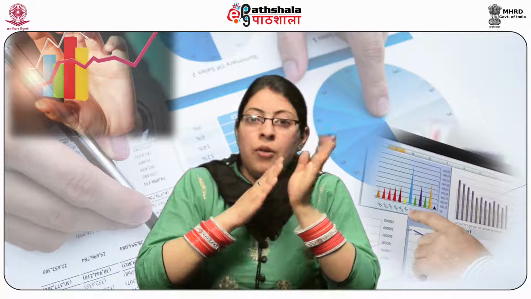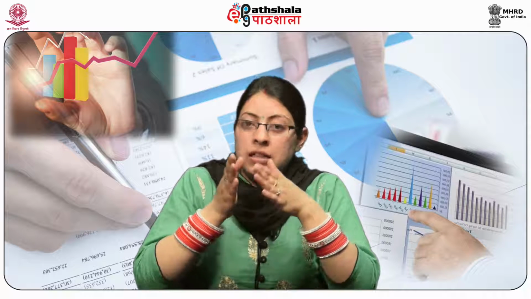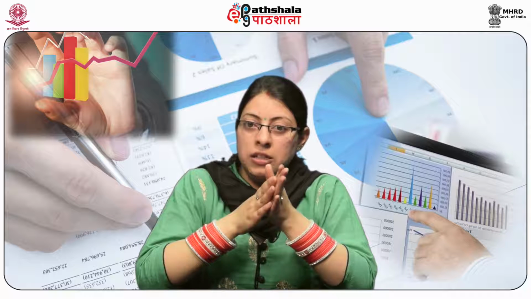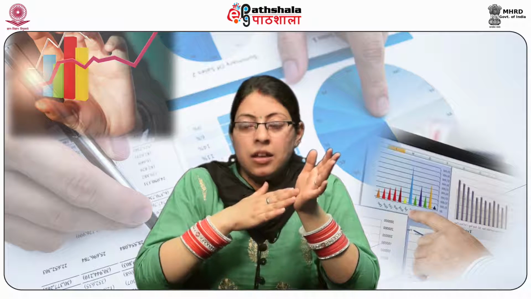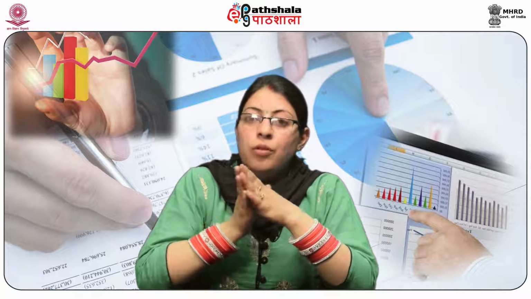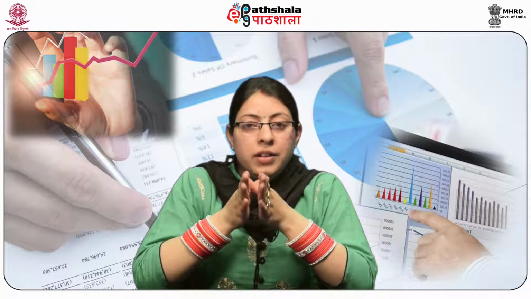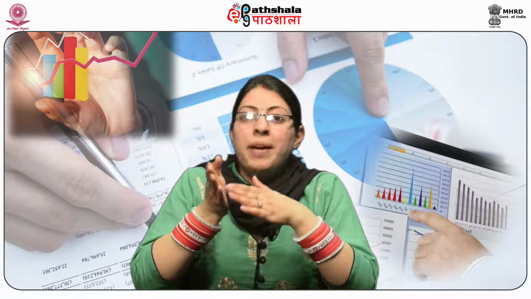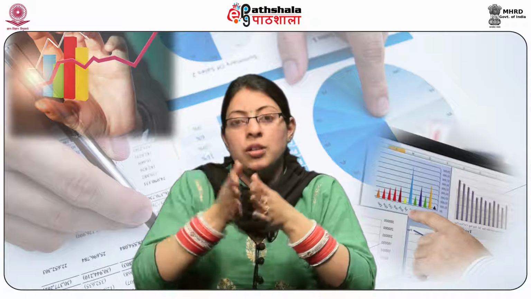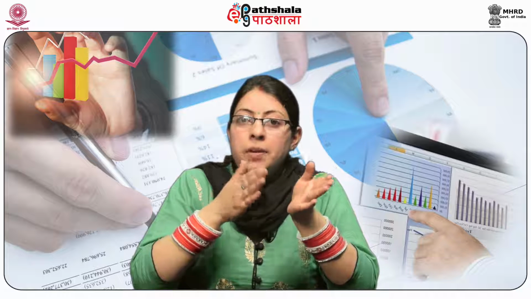as financial leverage. Financial leverage is calculated by dividing EBIT, that is earning before interest and tax, by earning before tax. Next, operating leverage. Operating leverage is calculated by dividing contribution by EBIT.